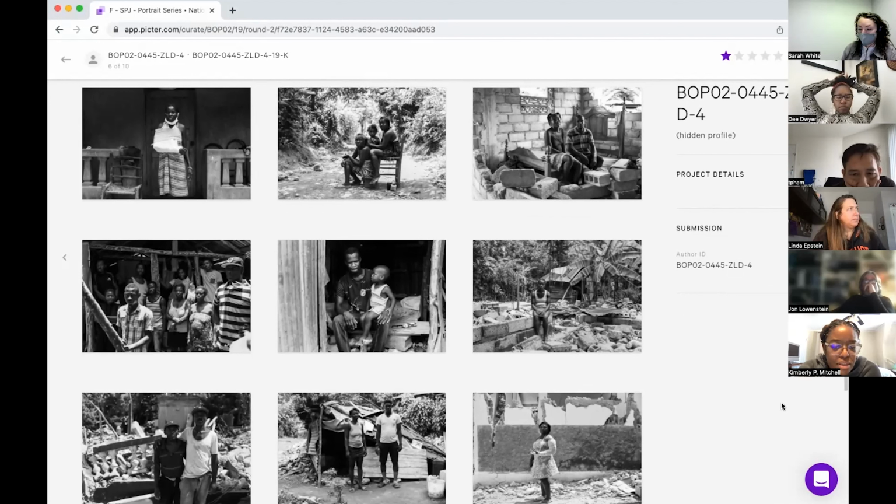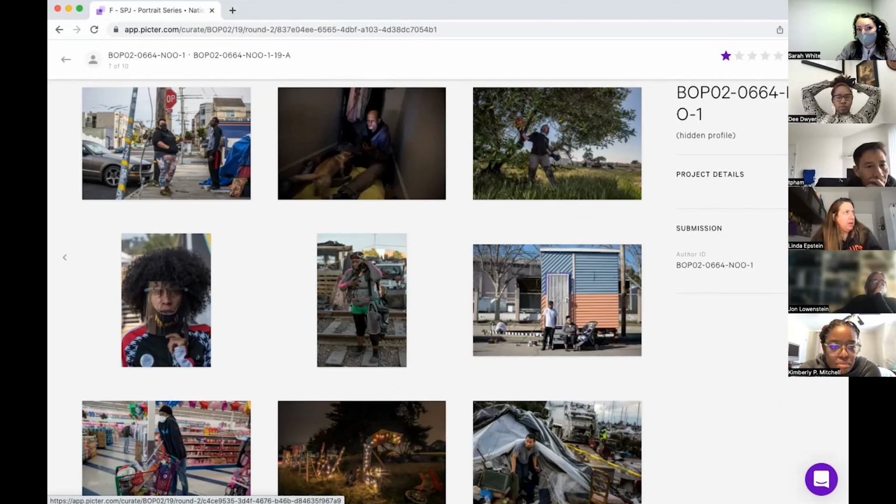I want to know more about their story. But just seeing the devastation all around them, and then just their body language too. It's a mix of feelings and emotions. All right, this one's in. We'll go to the next one.